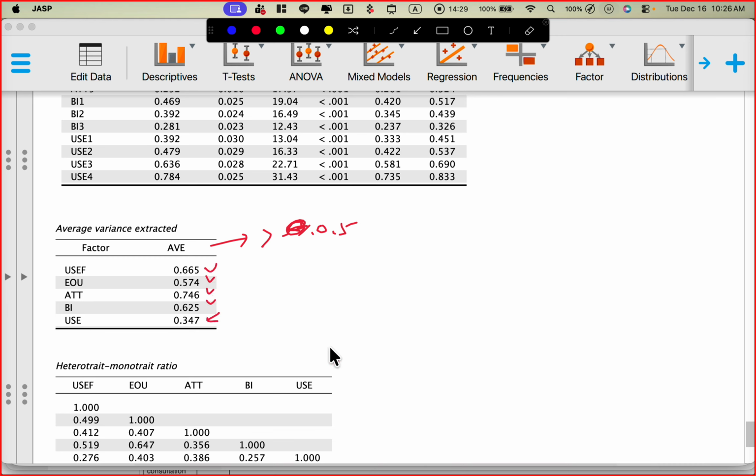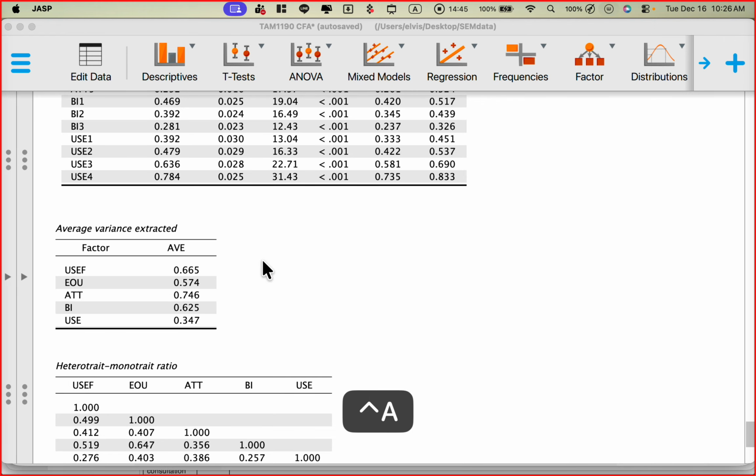But this one is not okay. Use is not okay. Because I think it's these indicators. I think that is the indicator four that causes the problem. One way to deal with it is to delete the indicator and perform the analysis again. Repeat the analysis again. Remove that indicator four.